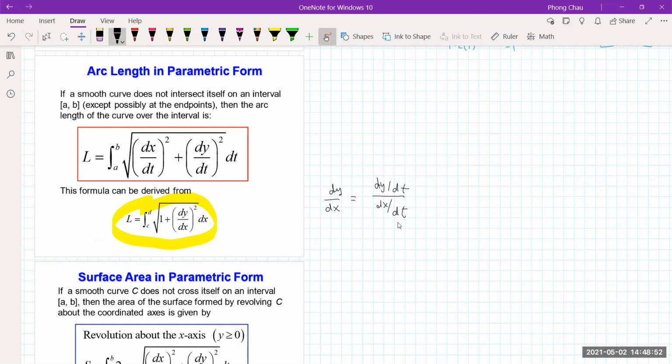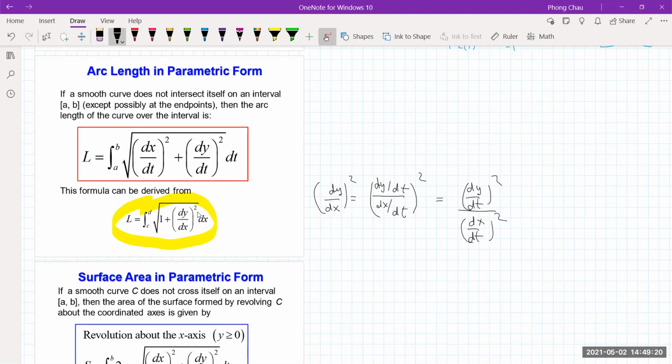And what I can do is, let me do this, you square that. Right, so what you have is dy/dt squared over dx/dt squared.